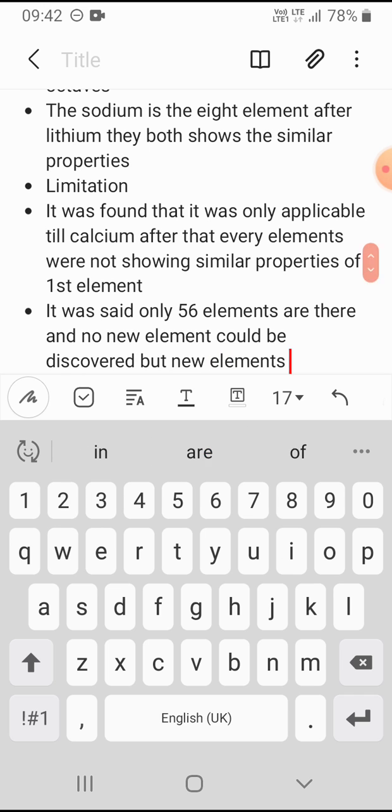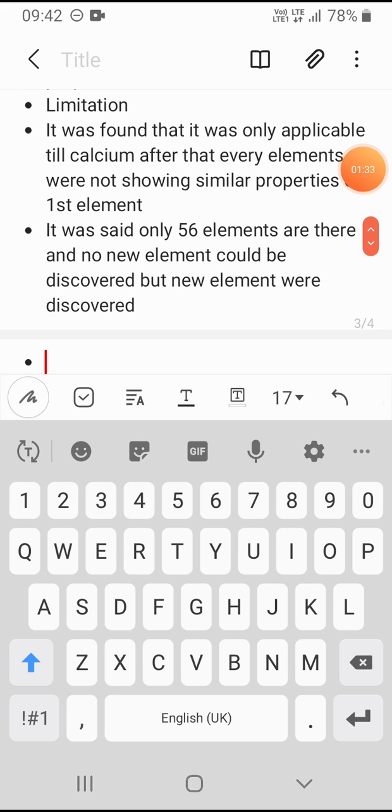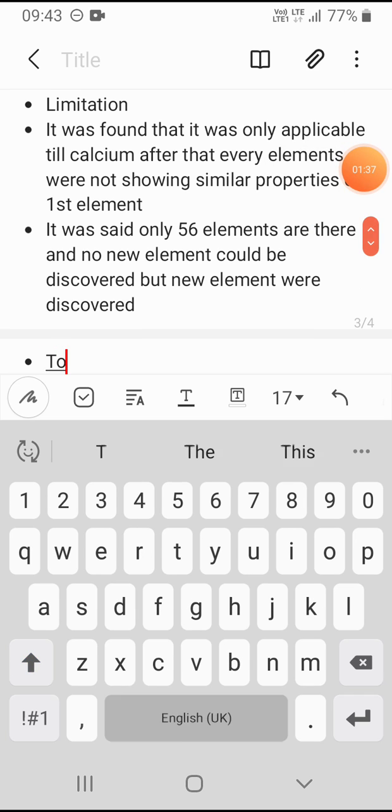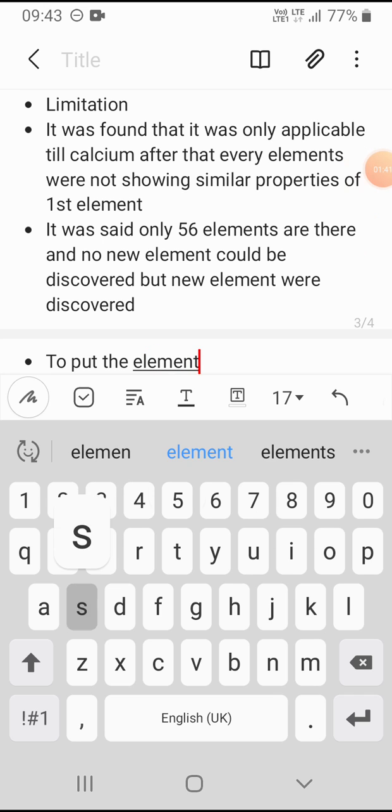As you know, from 56 now 118 elements are there. So it was also a problem how to put the new elements in Newlands' periodic table.